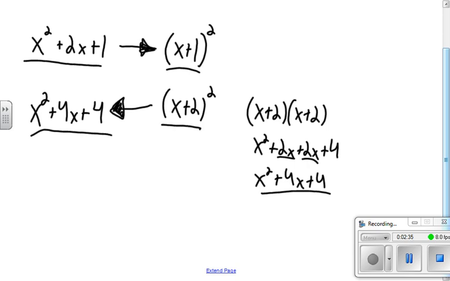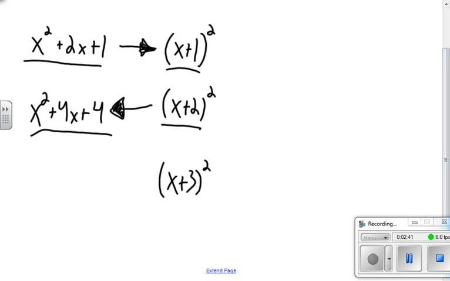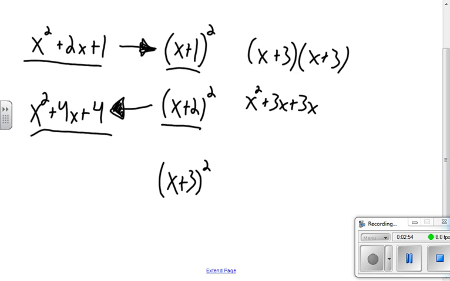Let's do one last one. If we wanted to see what x plus 3 squared was, again, we just set it up so that we can FOIL it. X plus 3 and x plus 3. X and x is x squared, 3x plus 3x, 3 times 3 is 9.